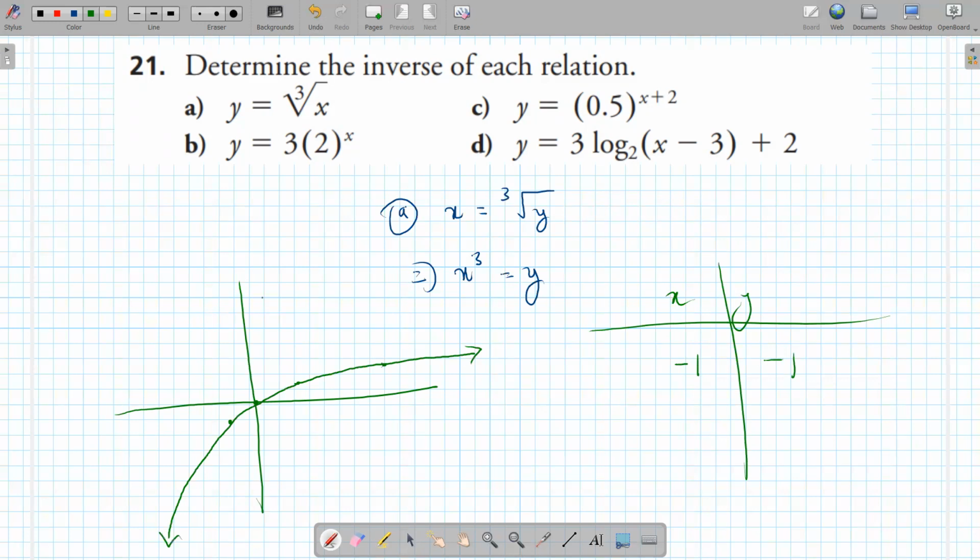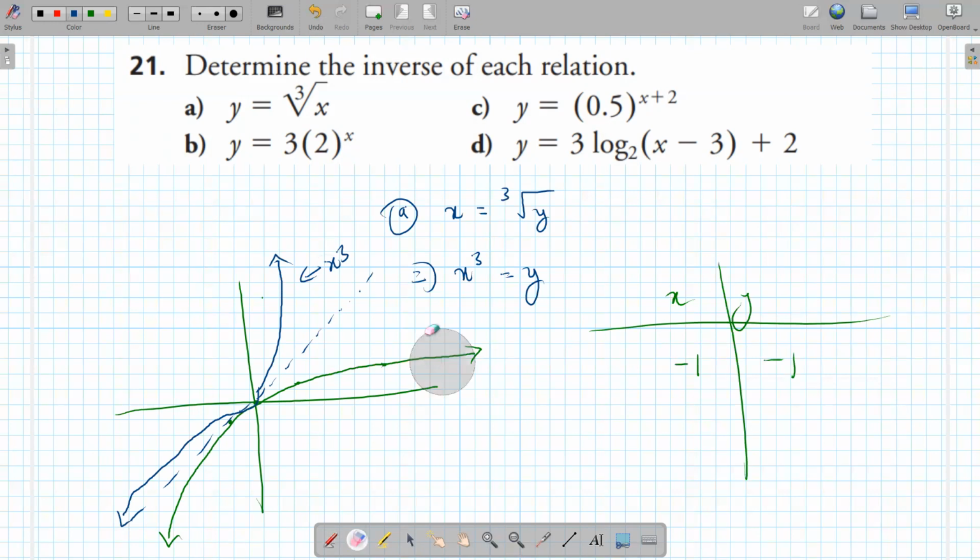That's cube root of x. And if you draw a line here, try to reflect this. What is it going to look like? From here, well, it's going to go up. From here, it's going to go kind of like this way. And that's x cubed.